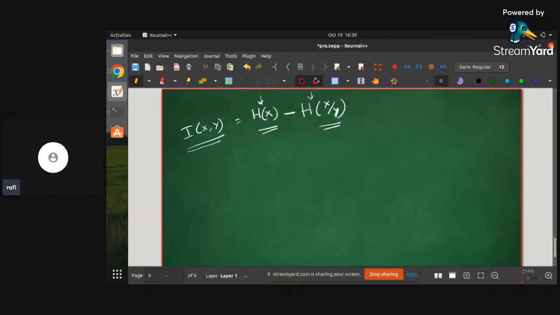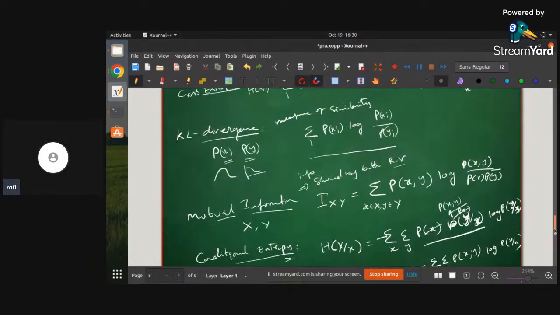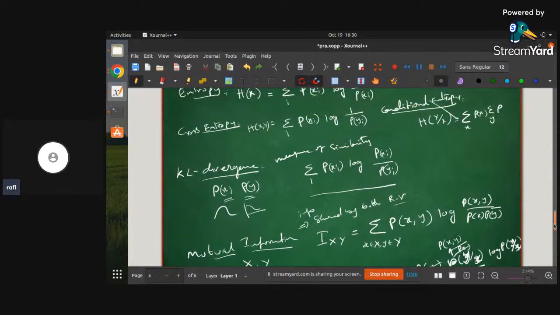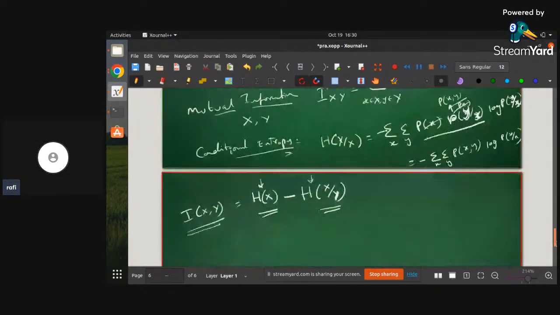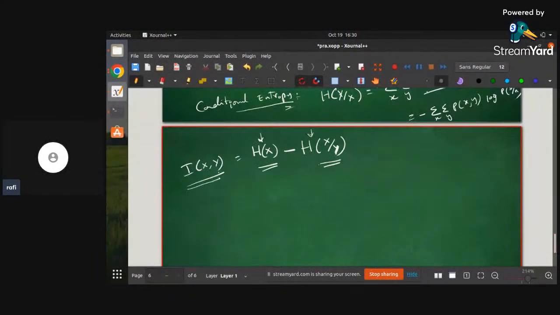By rearranging the terms in the equations, you can easily derive this result.